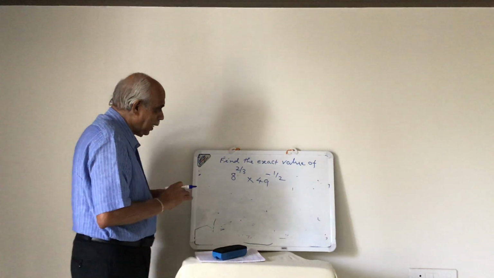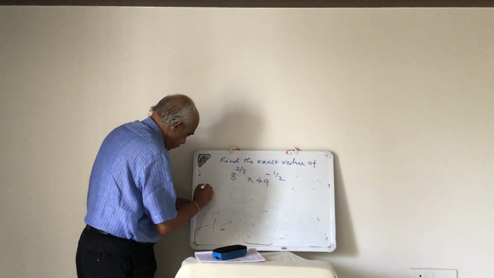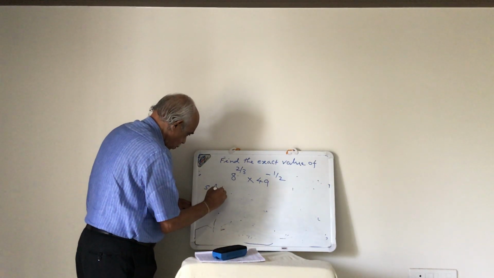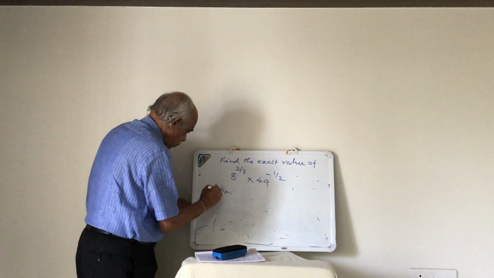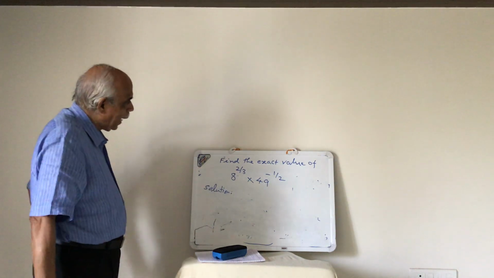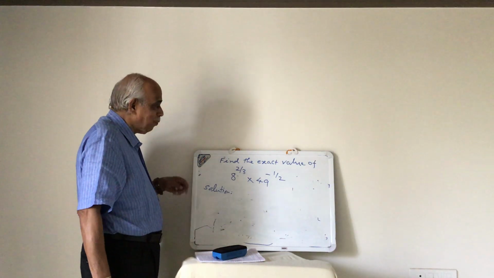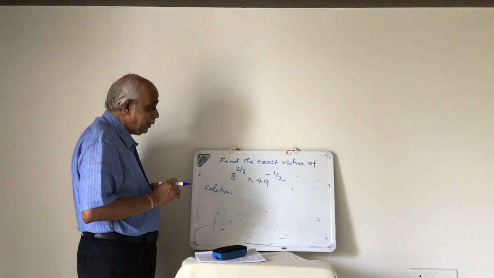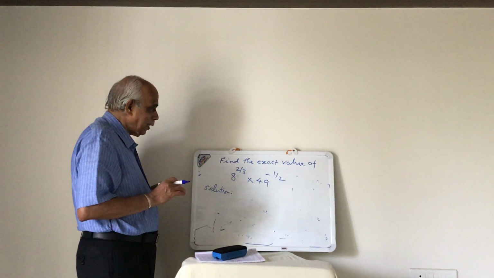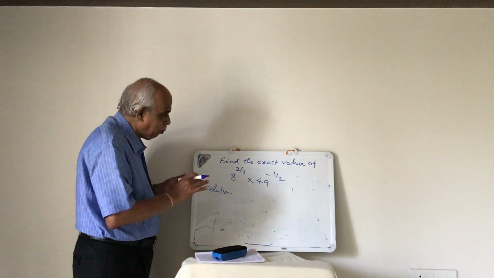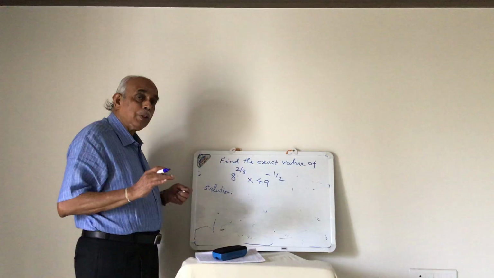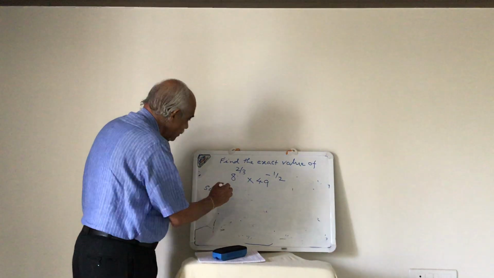Now again, you see, we have to simplify this. So again, we will try to find out if there are some powers of some numbers, and then we can simplify using the laws of indices. So you can remember that all these types of sums can be solved using the laws of indices. So let us write it down now.